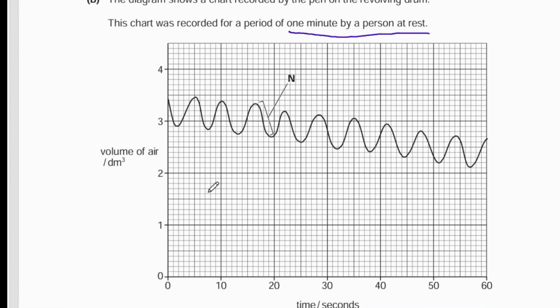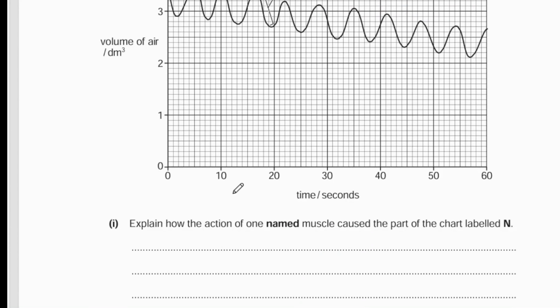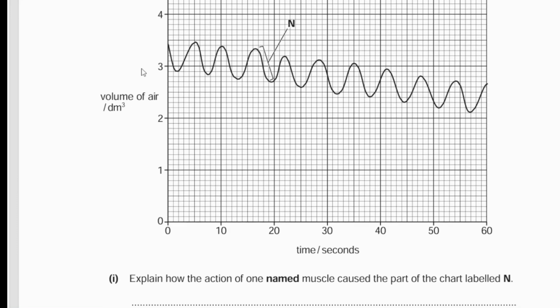Explain, we need to give reasons, how the action of one named muscle causes the named part of this chart. What causes the decrease in the volume of air? Which part would be involved in our respiratory system, though it's not directly part of the respiratory system, but it produces some space?